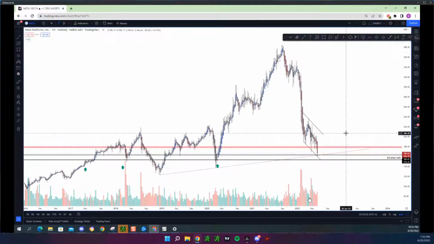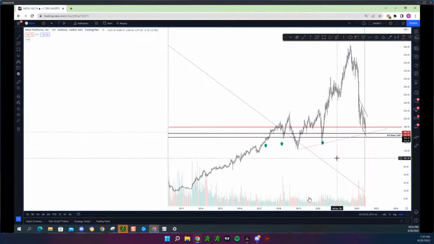And then if we decide to drop, this could revisit some levels that you guys probably don't want to believe, but yeah. This probably goes to 50s, 40s if this breaks. If this breaks, they're going to go to 100 easy. So it'll be this level here that they target.